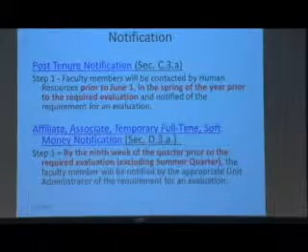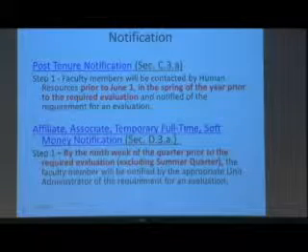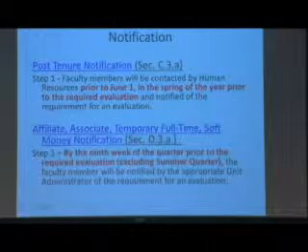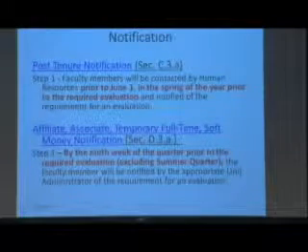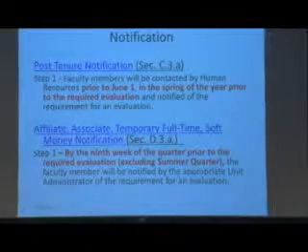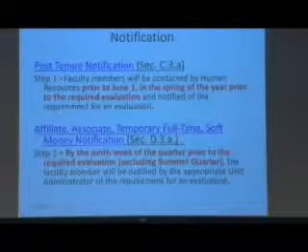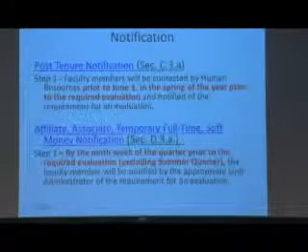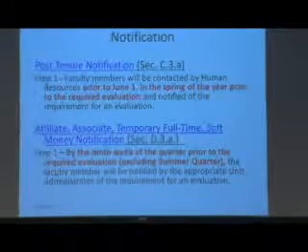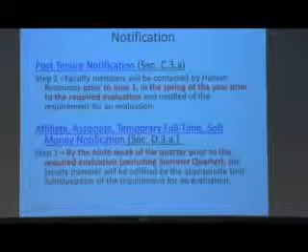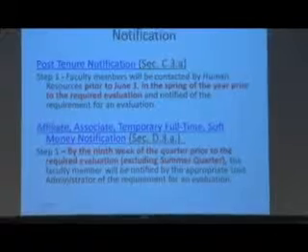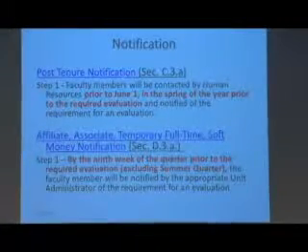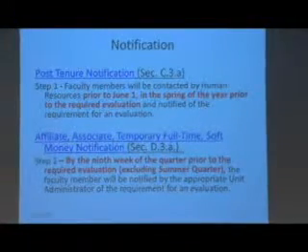For affiliate, associate, temporary, full-time, and soft money, notification of the fact that the FEP is going to occur has to be given by the 9th week of the quarter prior to the required evaluation. So if somebody is coming up for evaluation in winter quarter, they need to be notified by the 9th week of fall quarter that it is going to occur.